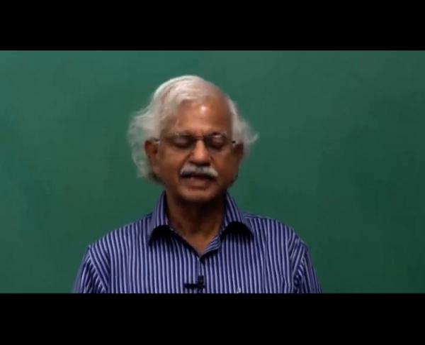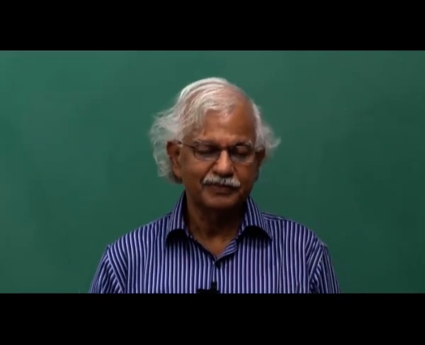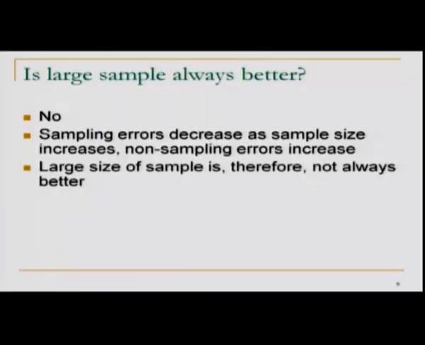Before proceeding further, let me also tell you that a large sample is not always better. Some people think that larger is the sample, better would be results. If that is true, then census will always show better results than sample, which is not the case. For many purposes, we do not depend on census data.